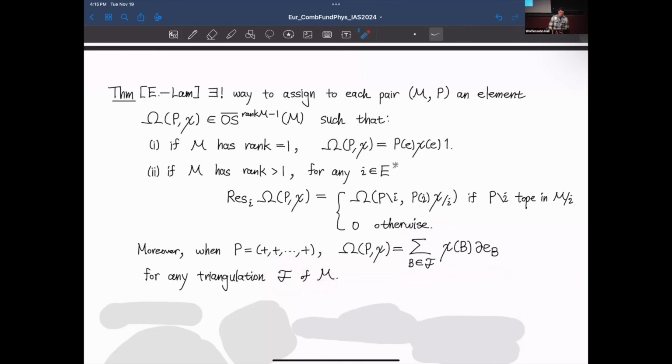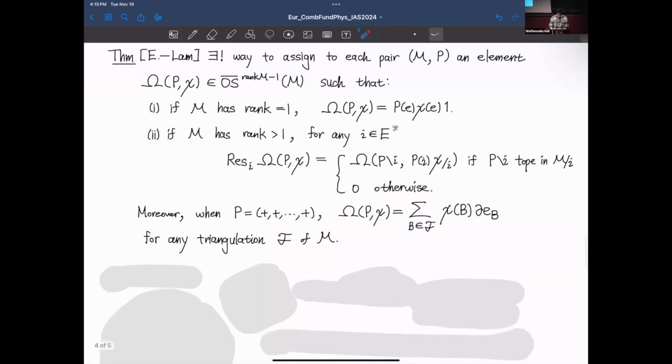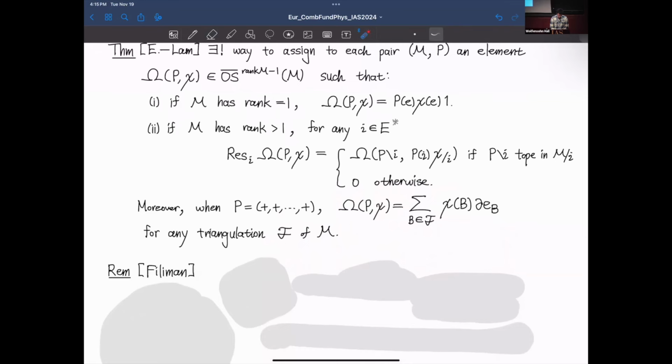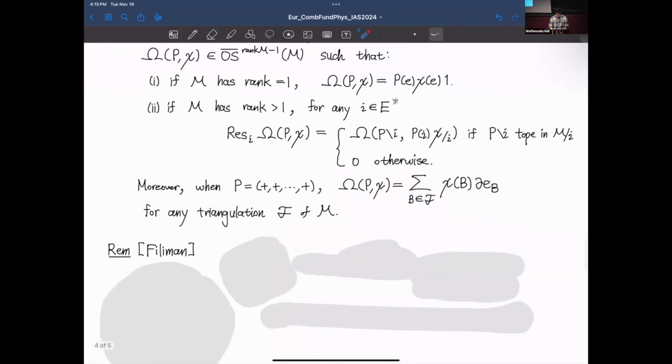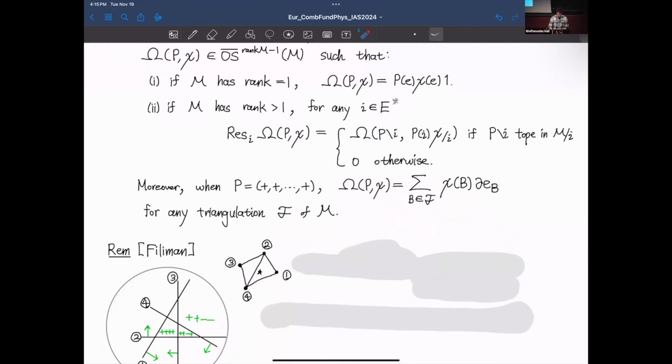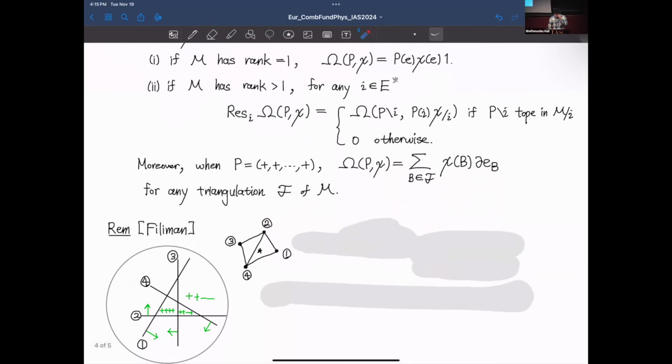A priori, it's not clear at all, if I just wrote this down, that this is independent of the triangulation. And even in the realizable case, this takes a moment of reflection. So let's do the realizable case. This picture is implicit, or actually explicit, in the work of Philemon, although he didn't say anything about canonical forms. So here is our running example that gave us this arrangement of 4 hyperplanes, or 4 lines in P2.